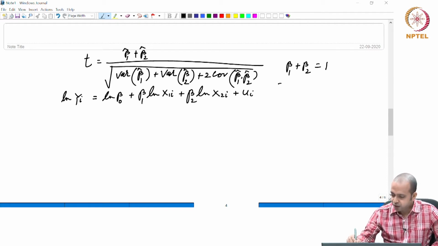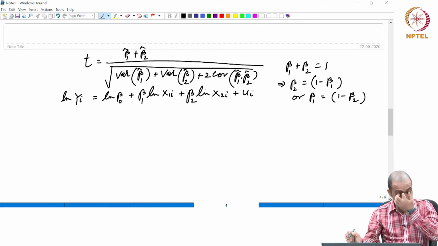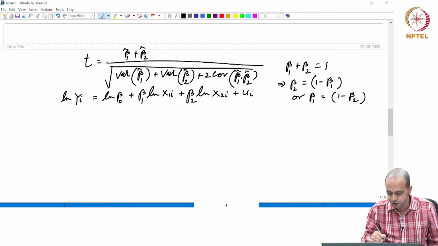So, from there I can write beta 2 equals 1 minus beta 1, or beta 1 equals 1 minus beta 2. You can either substitute beta 1 in terms of 1 minus beta 2, or beta 2 in terms of 1 minus beta 1. Let me put the value this way.